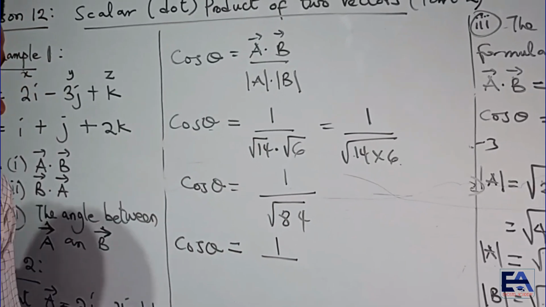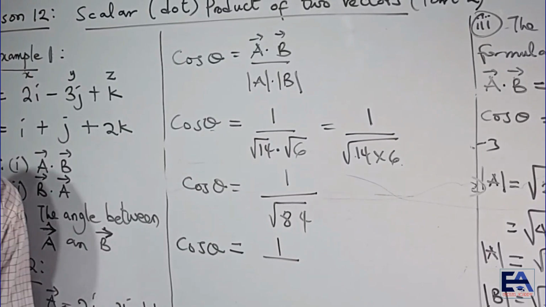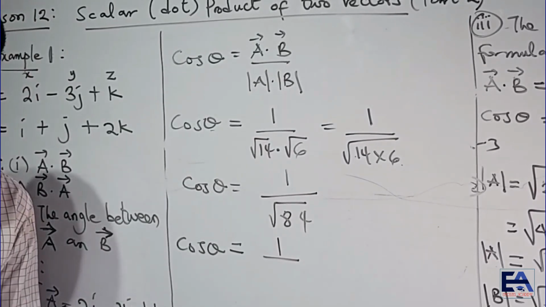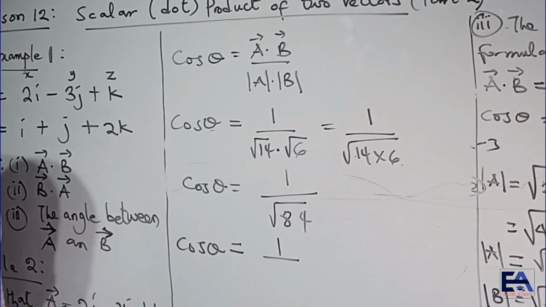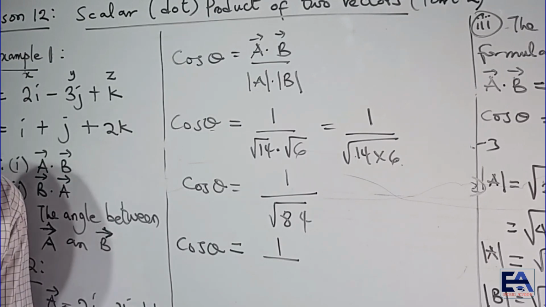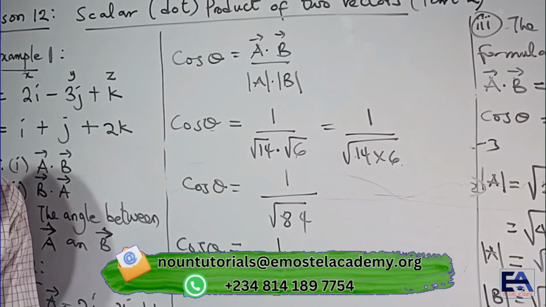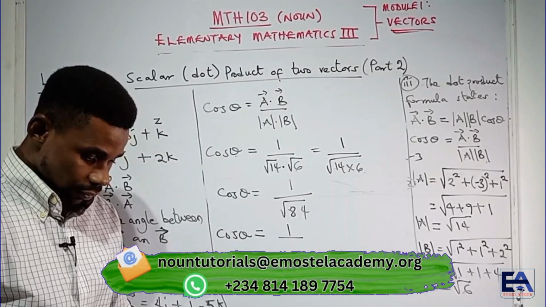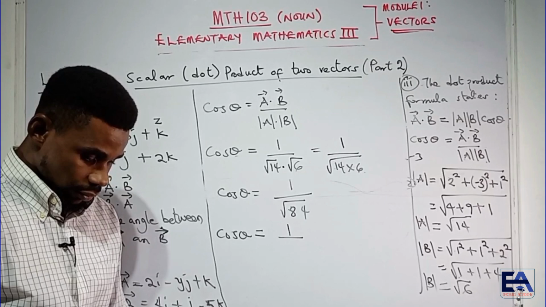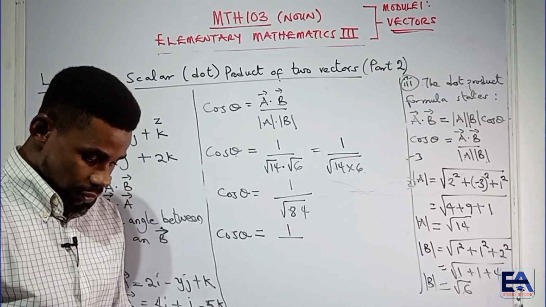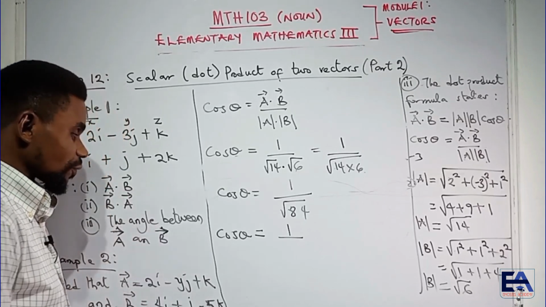So you have to excuse me, please, so I can use my calculator. Okay, scientific. All right, the square root of 84 is 9.165.